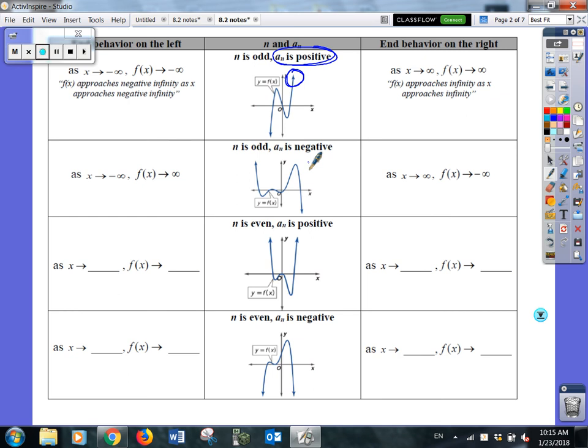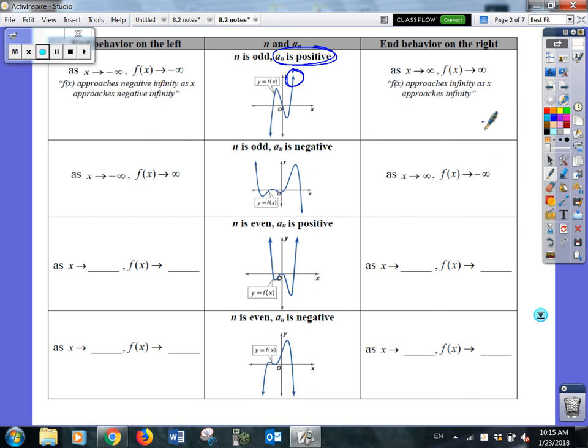What is happening to the y values? As we move to the left, the y values are going down, so that's negative infinity. On this side, as x approaches positive infinity, so as x gets bigger and bigger, y is going up, it's also getting bigger. So as x approaches positive infinity, f of x approaches positive infinity.